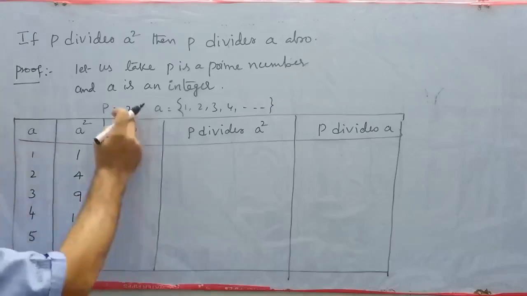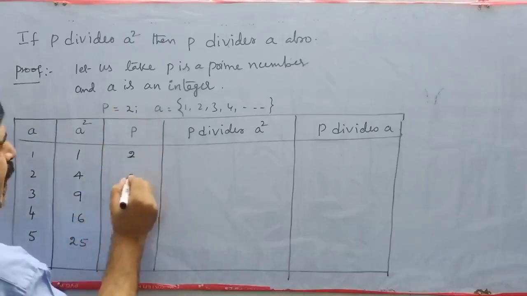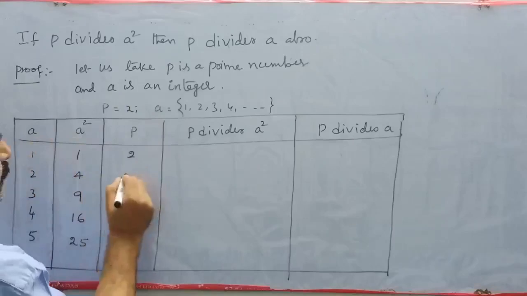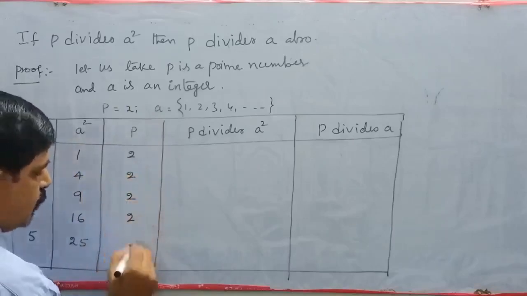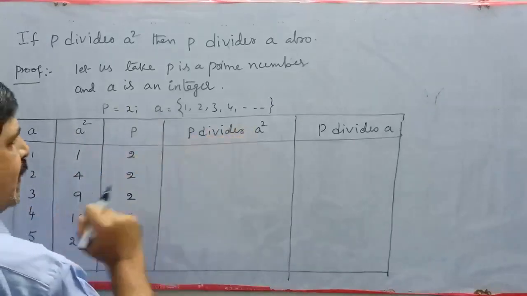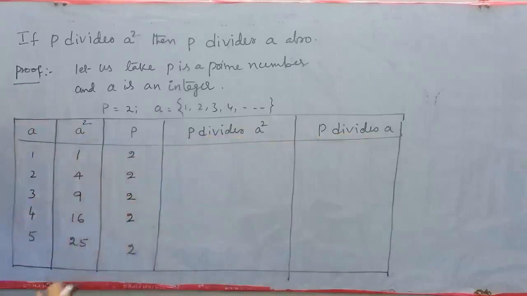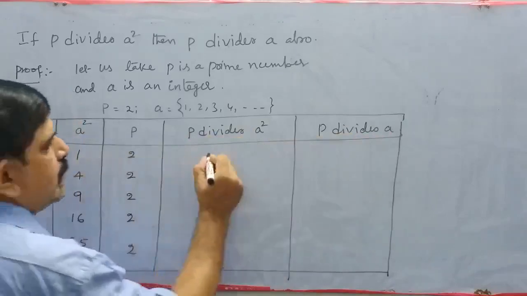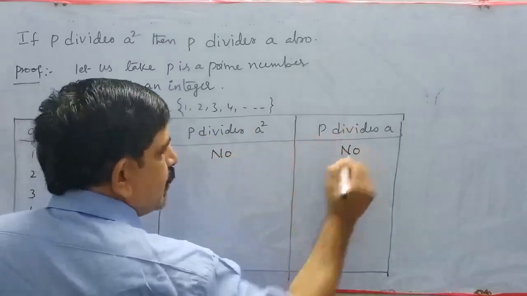Next P is equal to 2. So this is the prime number, it is constant for all values of A, that is 2, 2, 2 and 2. If P divides A square, then P divides A also. Here 2 divides 1. So does 2 divide 1? No. Then it is also no.